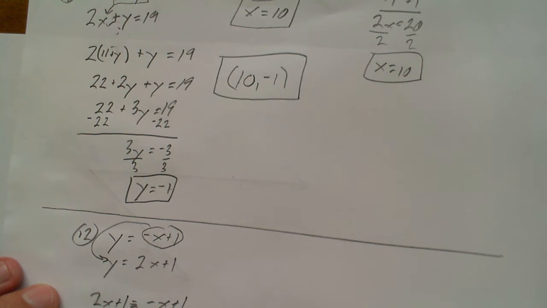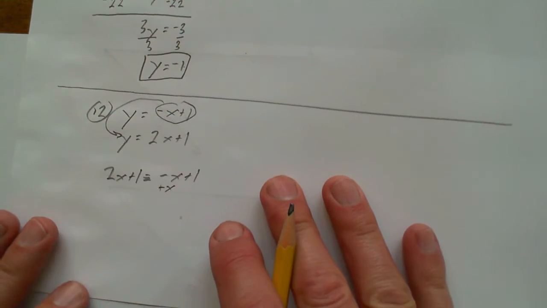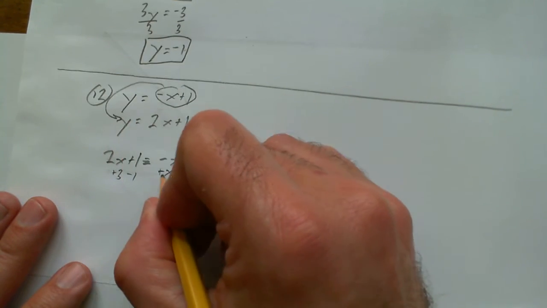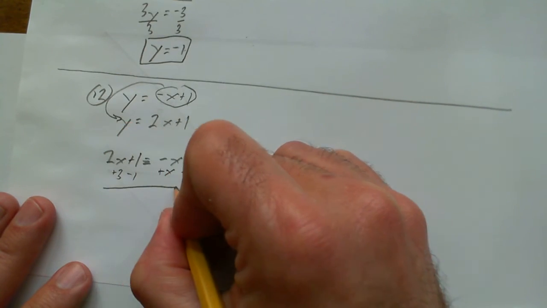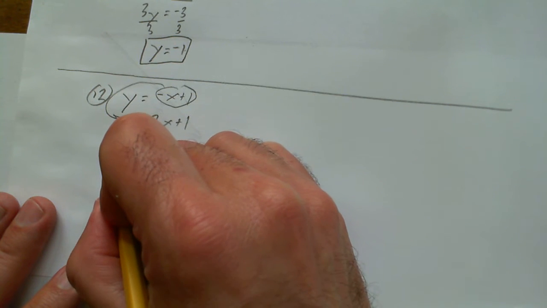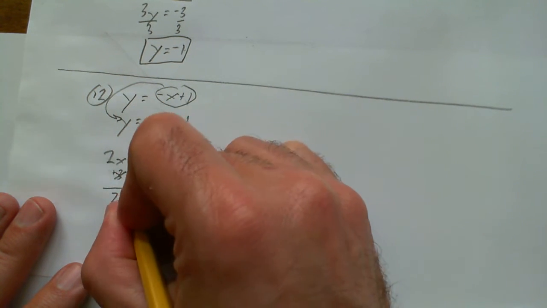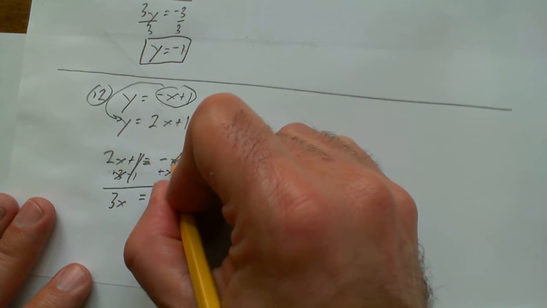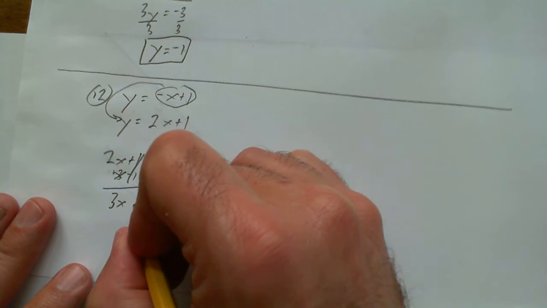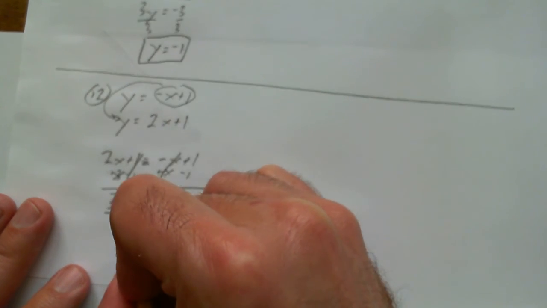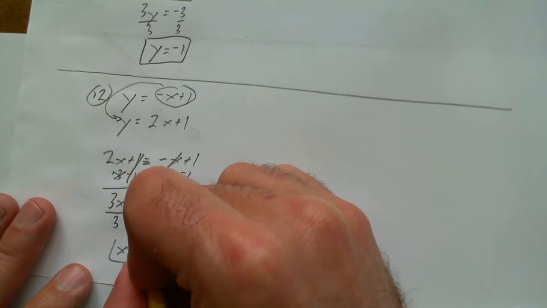I'm basically just plugging that in there, or vice versa. Then you add x. Let's get everything on one side. Add x, add x. We could take away 1, take away 1. This becomes 3x equals 0. Divide by 3, and x equals 0.